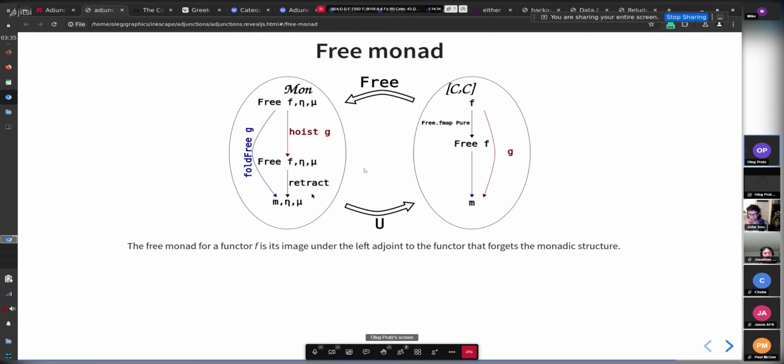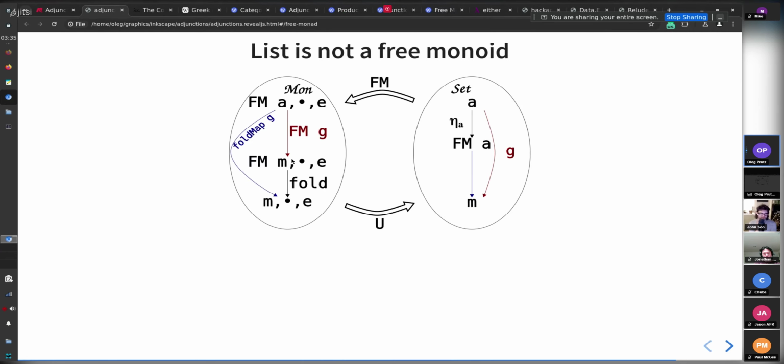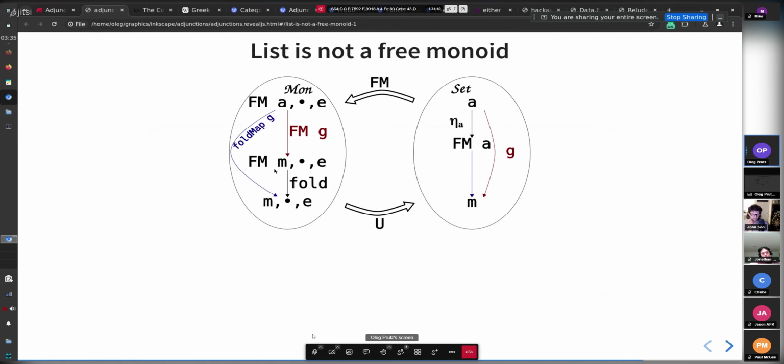So, question here. You have two objects that have the same name on the left. Right. Yeah, sorry, that should be free M. Thank you. So like with free monoids, this is a free monoid of something that's already a monoid.